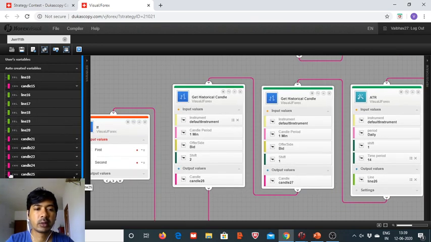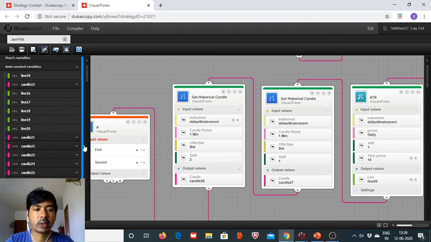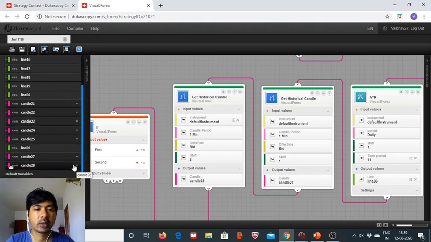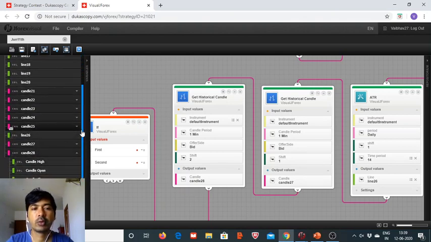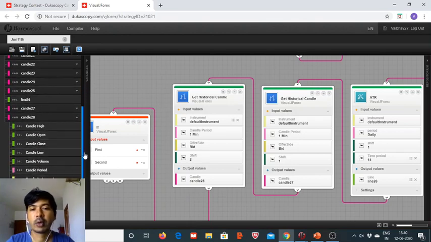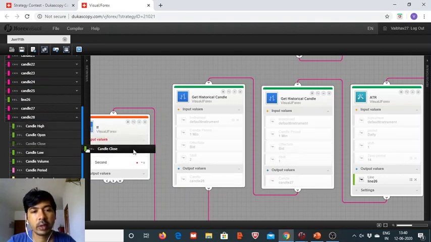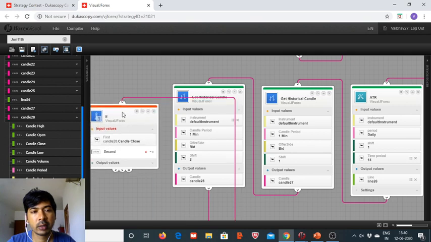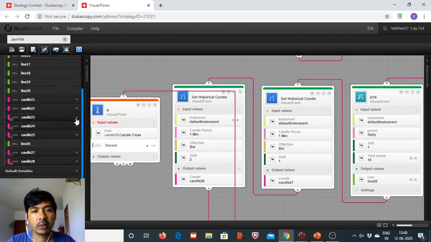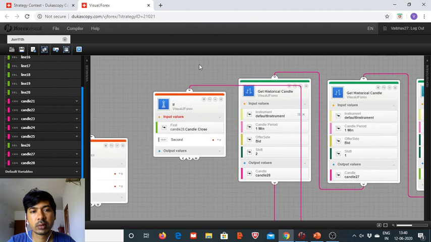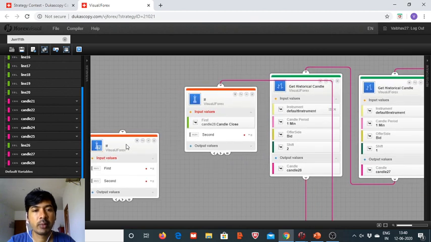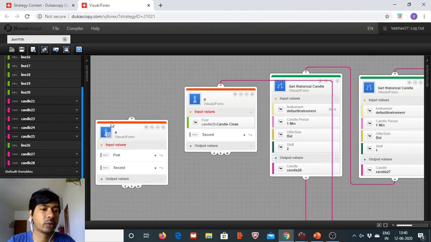First thing is candle 28's close, that is the candle with look back period of 2. It should have been less than the last hour's candle close, and then candle 27's close should be above last hour's candle close.